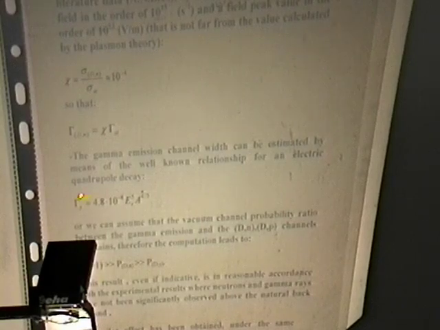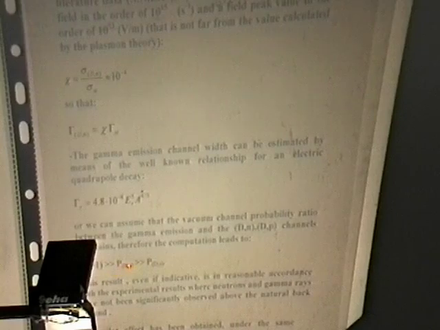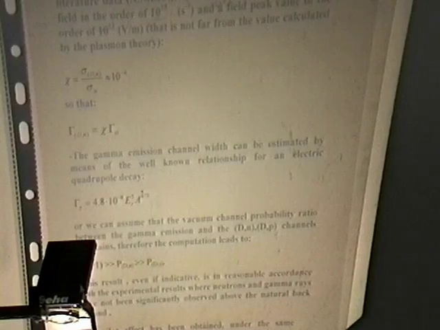Or we can assume an electric quadrupole decay, but the result at the end is that the probability of the stimulated transition is 1, much larger than the other channels we know. These results are obviously indicative, but they are in accordance with the experimental results of excess heat without neutrons and gamma rays.